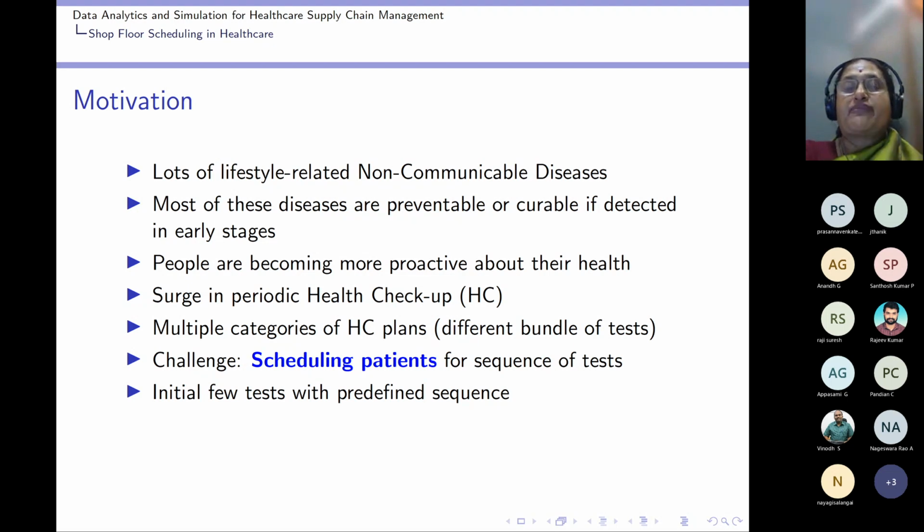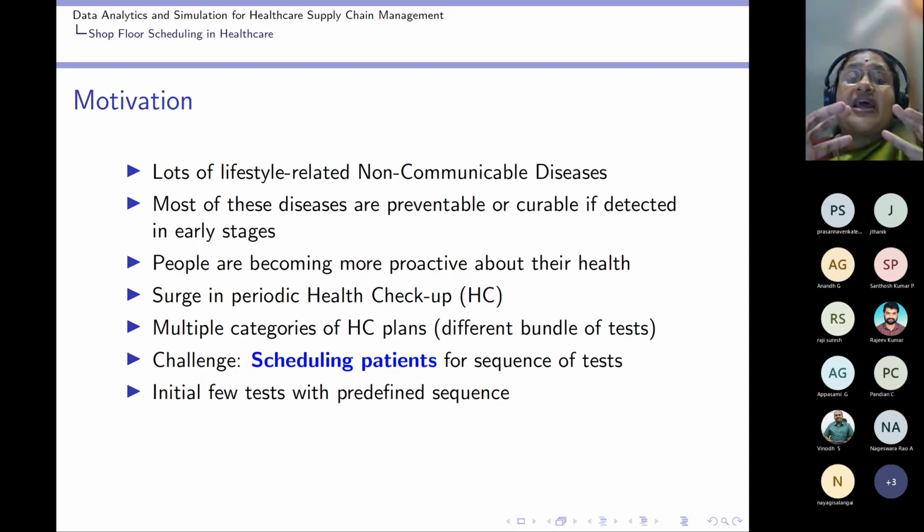For example, you could have a senior women health checkup plan, a senior men health checkup plan, a platinum plan, a gold plan, a silver plan. So you have multiple categories of health checkup plans.